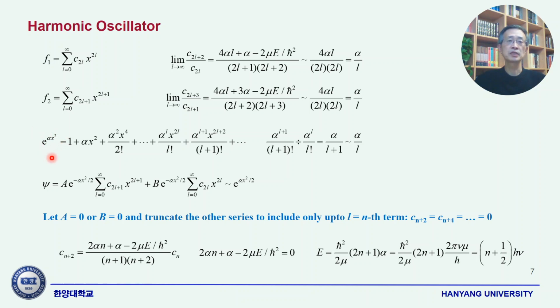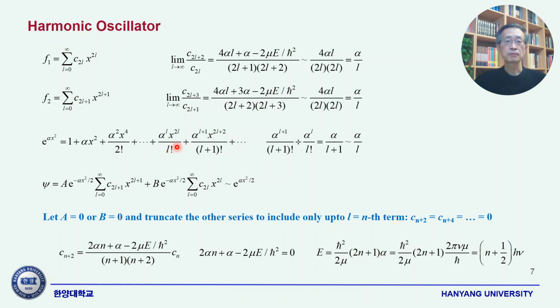This is actually the e to the x series, which is 1 plus x plus 1 over 2 factorial x squared plus 1 over 3 factorial x cubed, like that. You remember the series formula? So you expand this in a power series and obtain 1 plus alpha x squared, alpha squared x to the fourth power over 2, and so on.